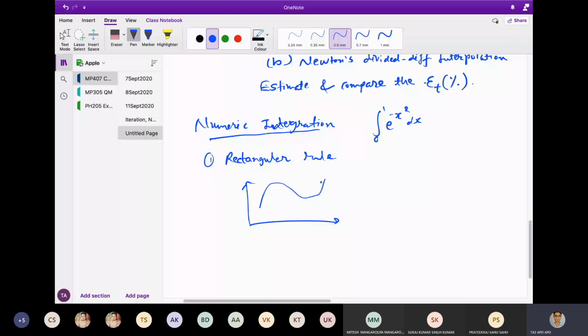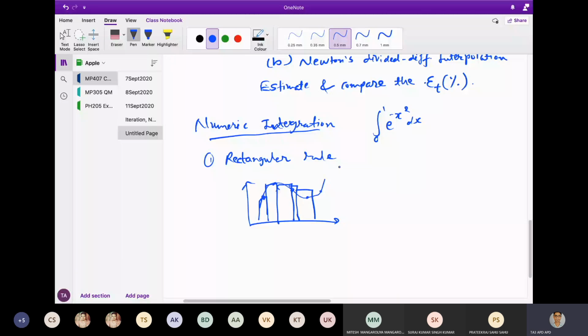For example, if you have some curve, we take the data points in such a way that it is equally divided between rectangles. So we divide the whole integral into equivalent rectangles to obtain the integral value as rectangular area.